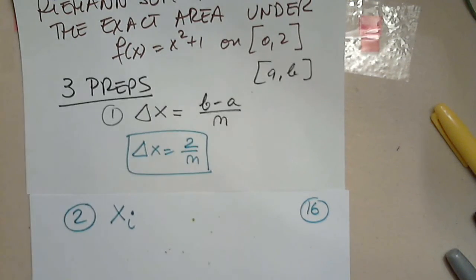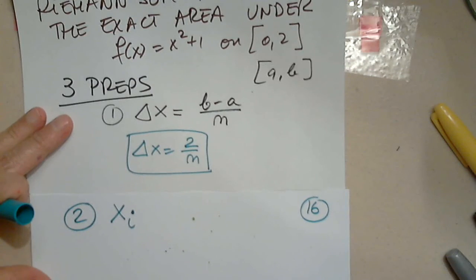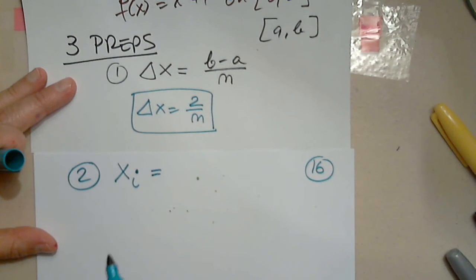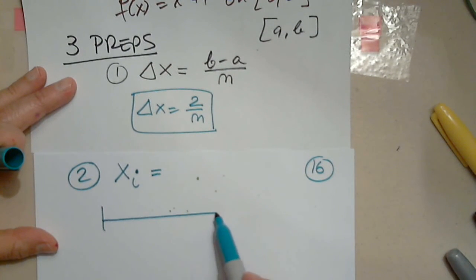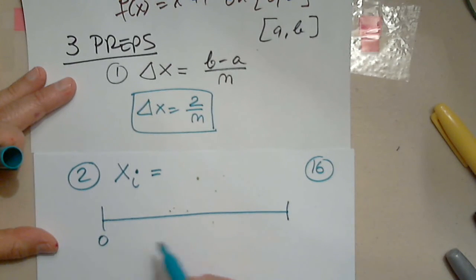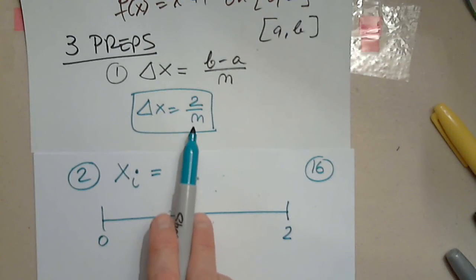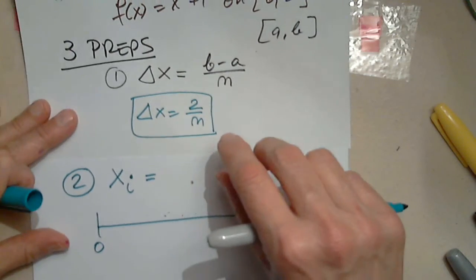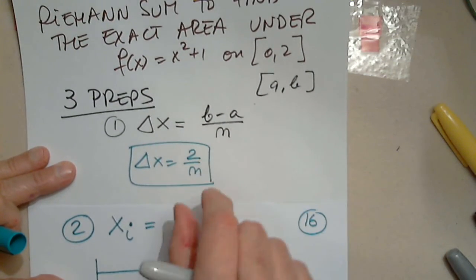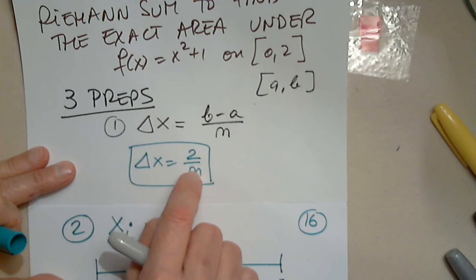And so on and so forth. So it's constantly changing from one interval to the other. So let's look and see what this is equal to. This is the interval 0 to 2. And I divide it into n subintervals. Each subinterval has this width of 2 over n.